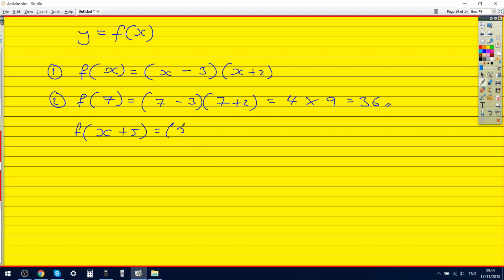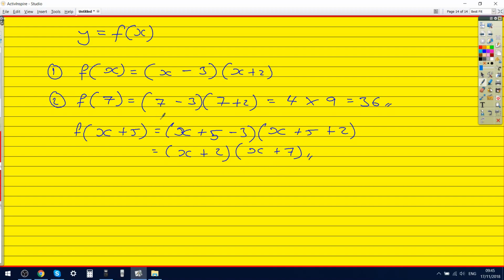So x plus 5 minus 3, and then x plus 5 plus 2. Now simplify both of them. And then that's x plus 2 and x plus 7. That's it.